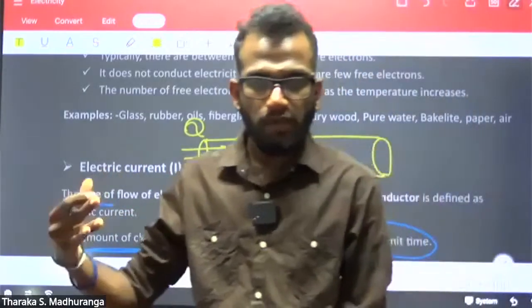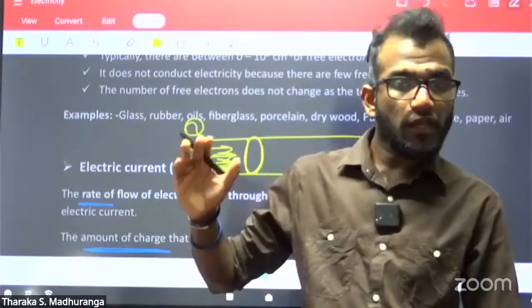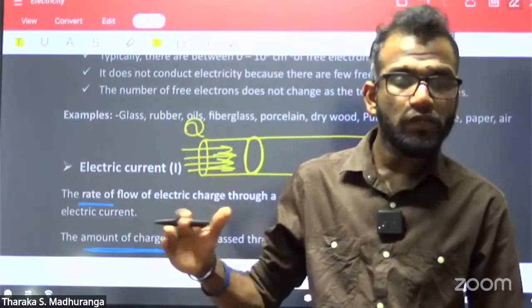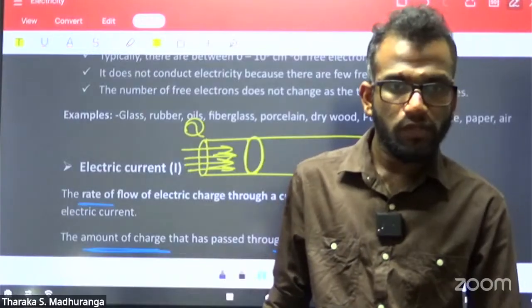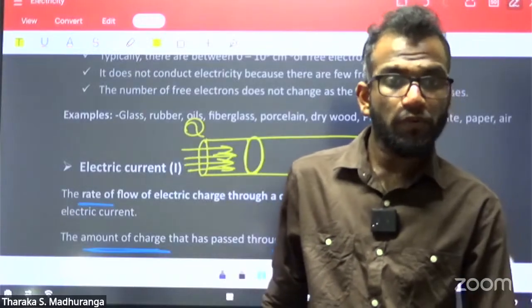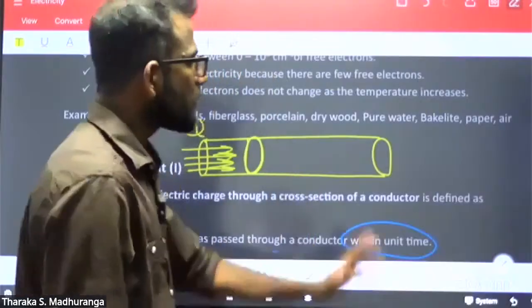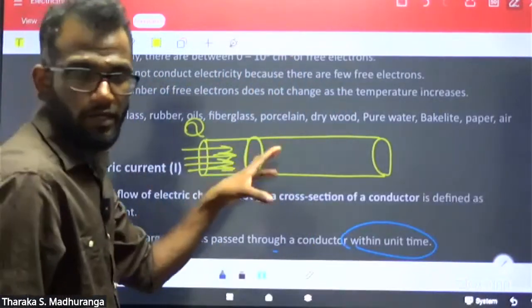In other words, the rate of flowing electric charge through a conducting rod is called electric current.